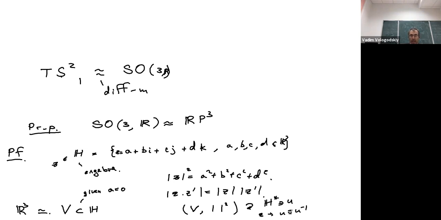Okay. So another property of this construction is that if you take U and multiply it by a real quaternion, by an invertible real number, this conjugation remains the same. It's just because R sits in the center of this algebra.